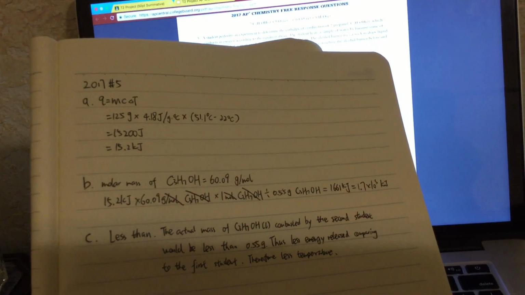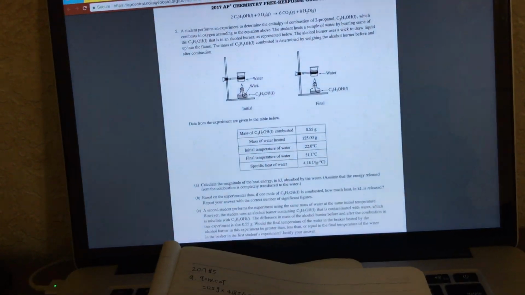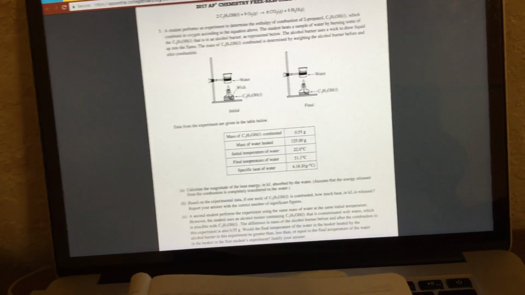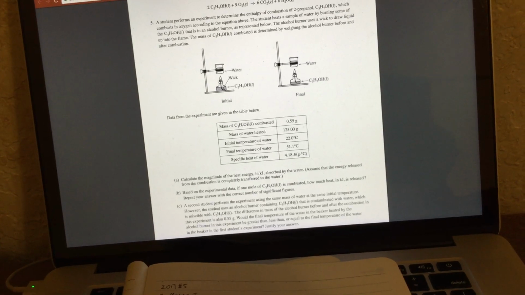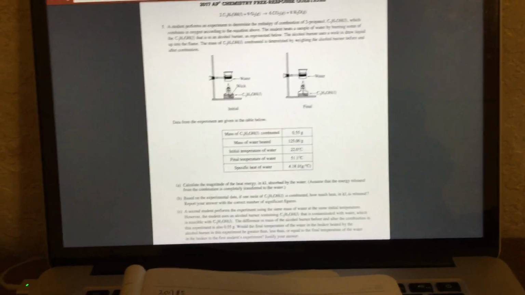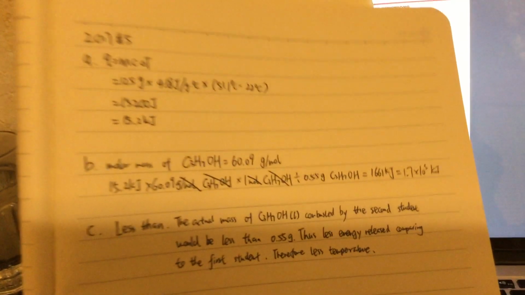60.09 grams per mole, and then we know 0.55 gram of this is combusted, and it released 15.2 kilojoules of energy. So we can find it through the ratio.